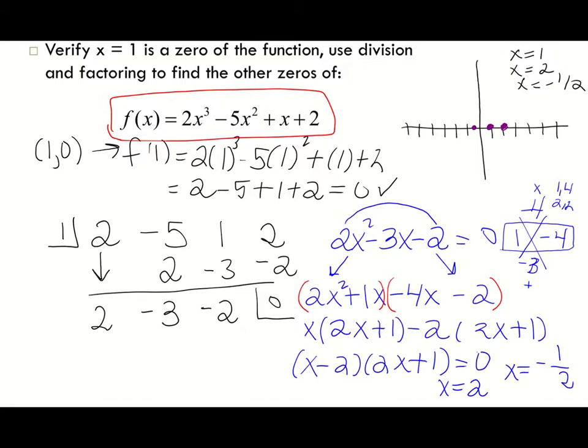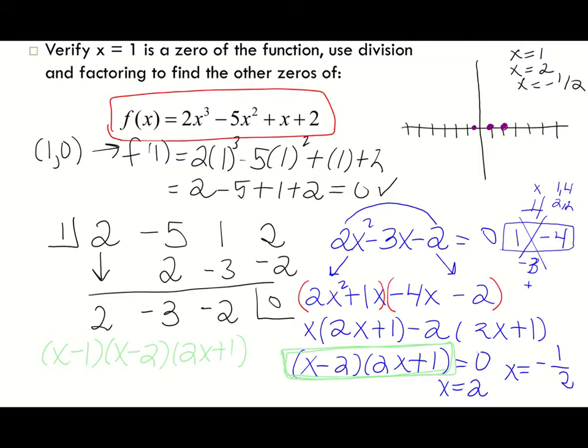To do that, I'm going to have to write my equation, and my equation is going to come from my factors here that I found and the first zero that I started with. Since I started with x equals 1 as a factor, that's x minus 1. So I have x minus 1, x minus 2, and 2x plus 1.